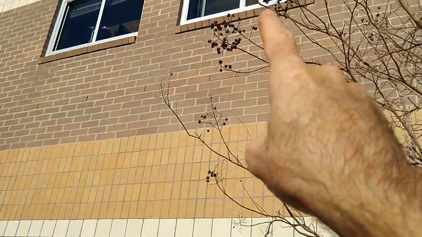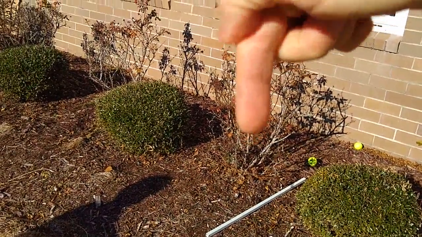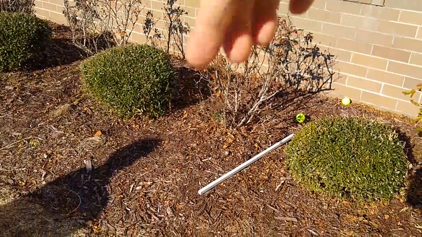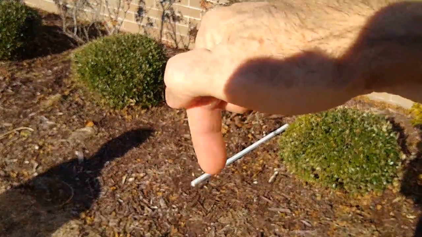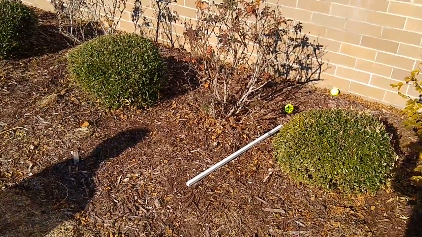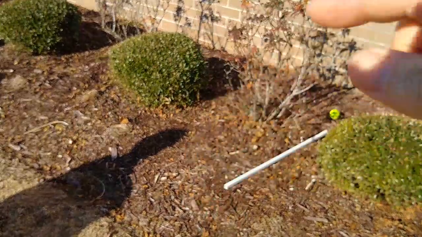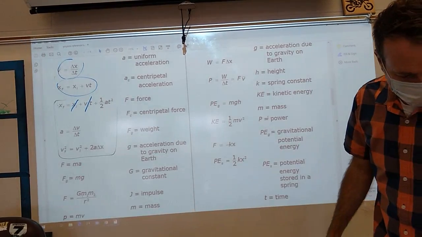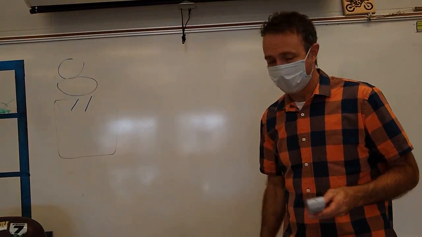Well, we calculated that since the marble fell for 1 second, then its downward velocity would have been 9.8 meters per second, because acceleration due to gravity on Earth is 9.8 meters per second per second. So after 1 second of falling, the marble would have reached a velocity of 9.8 meters per second. So now we know its sideways velocity and its downward velocity. So we can talk about the ball going out the window, and we can break it down.